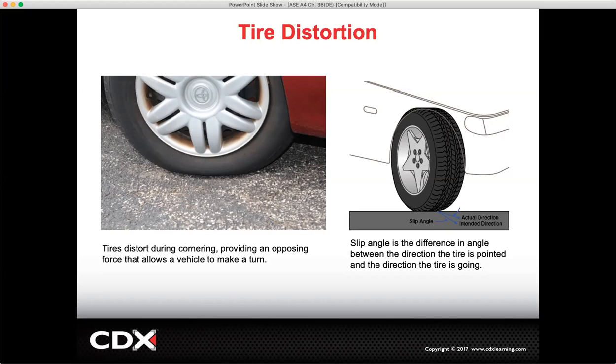When the roads are slippery or the vehicle is traveling too fast, the tire is unable to grip the road surface adequately to generate enough friction to overcome the side force. The tire provides the opposing force by being able to distort while still gripping the road.